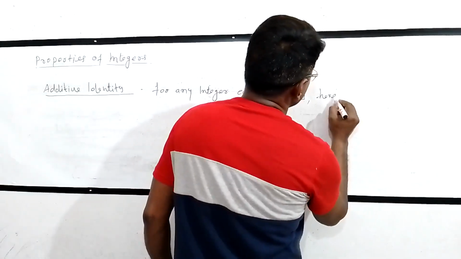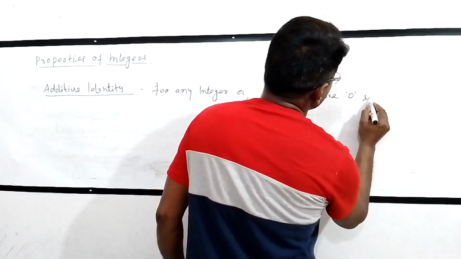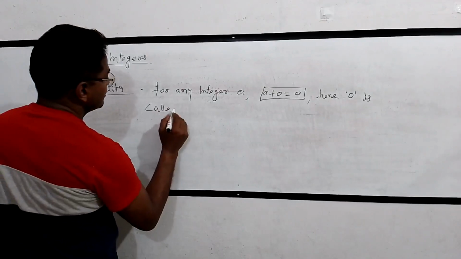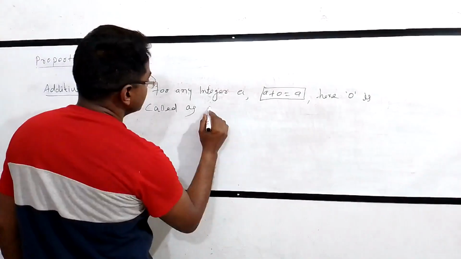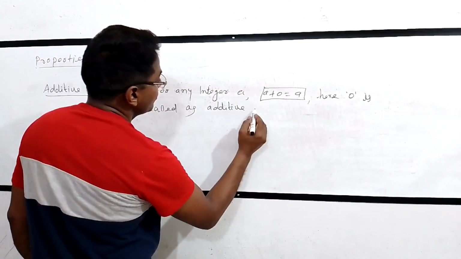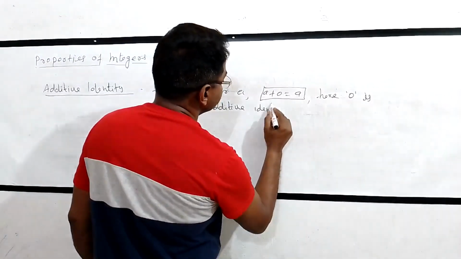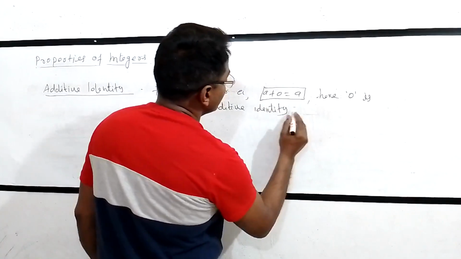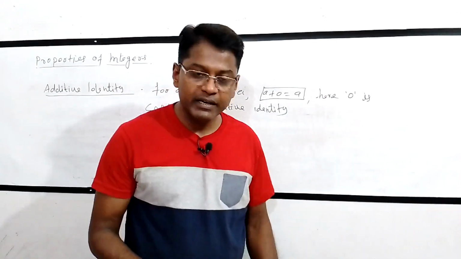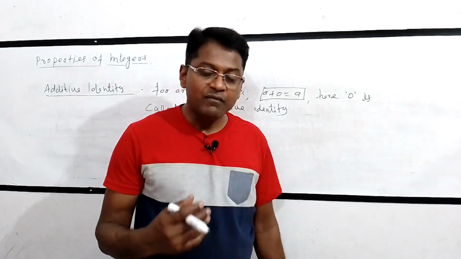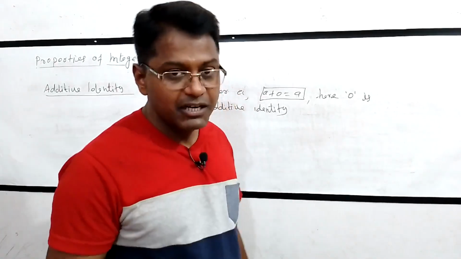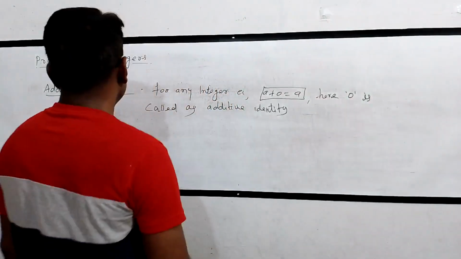Here 0 is called the additive identity, which means if we add 0 to any integer, we will get the same integer. So here 0 will be known as the additive identity.